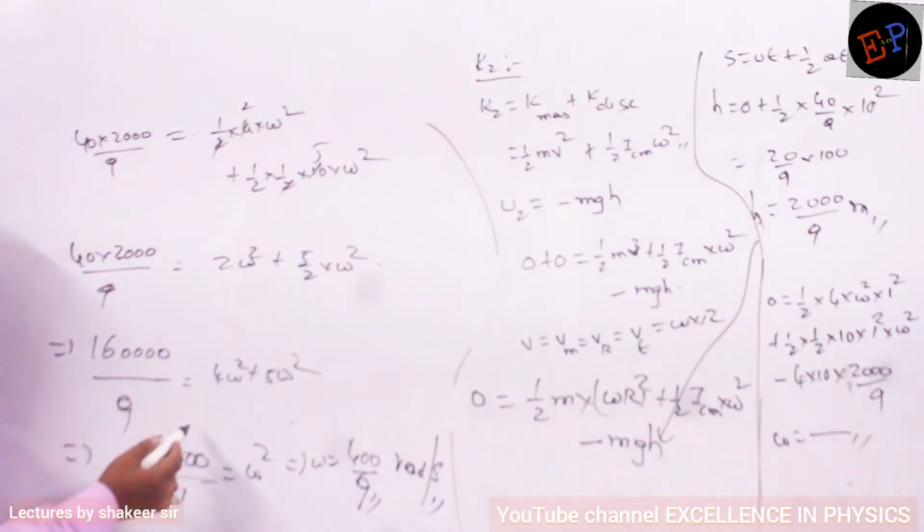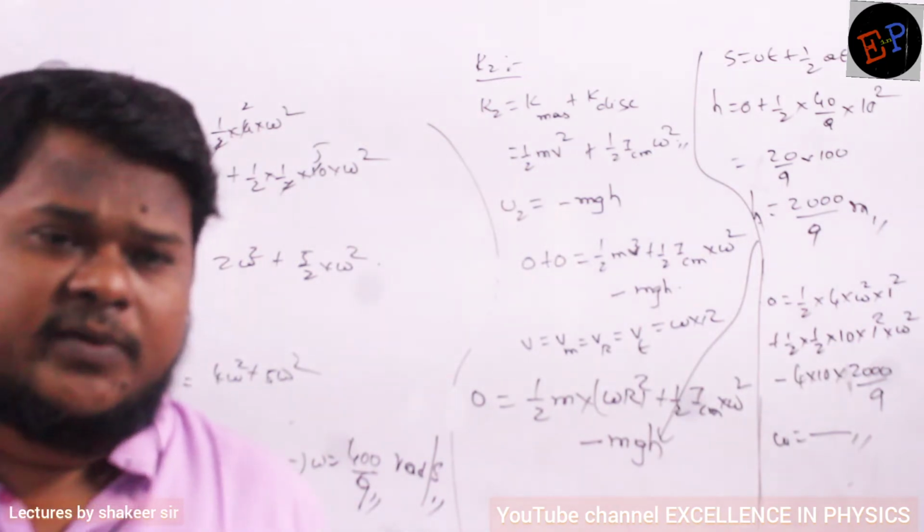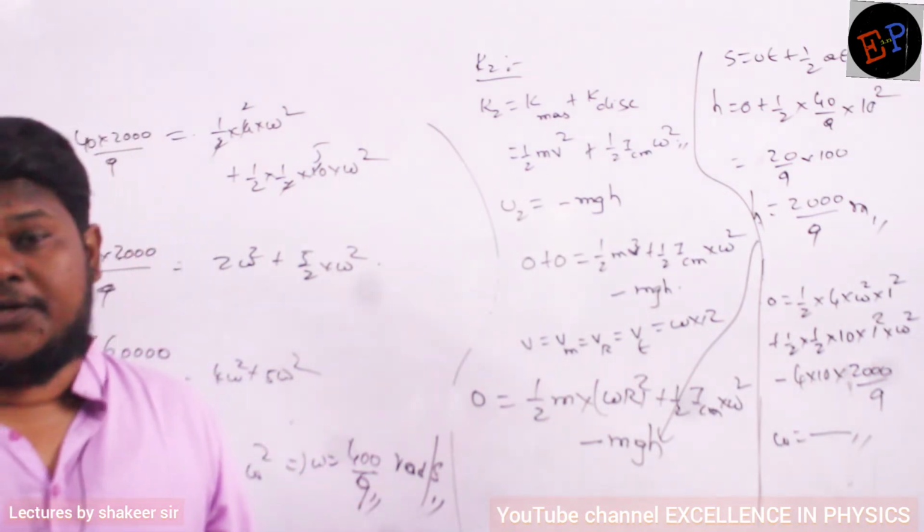So omega is root of 160000 divided by 81. Root of 16 is 4, root of 10,000 is 100, so 400 divided by root 81, which is 9, so 40 by 9. That's it. Okay. So this is the second method of doing the calculation. The first method we calculated using the force method, and this method using the energy method.